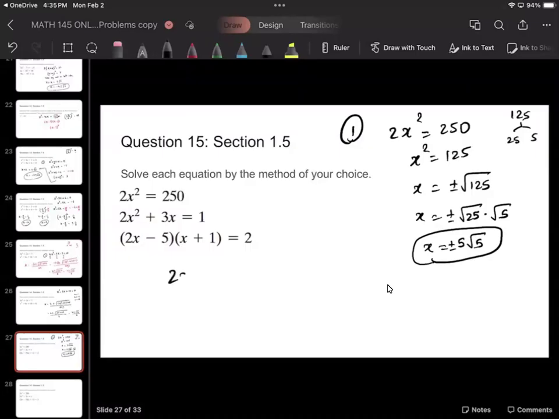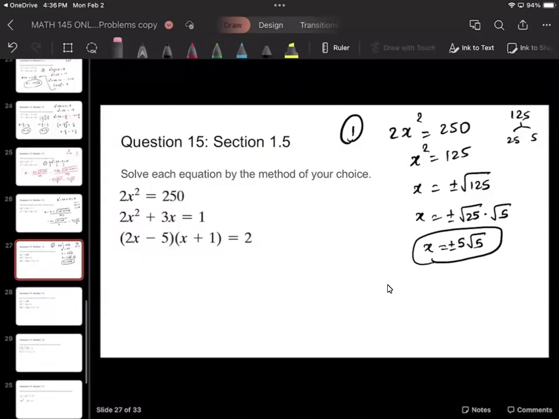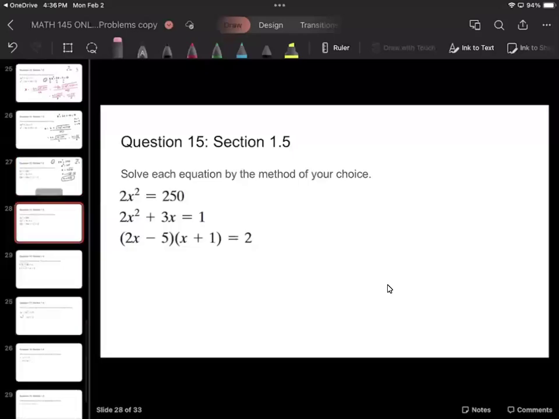The next one lends itself to the quadratic formula, I guess, right? So let me erase it here. I'm going to go here and do the second one. So first of all, I want to bring everything to the left like so.